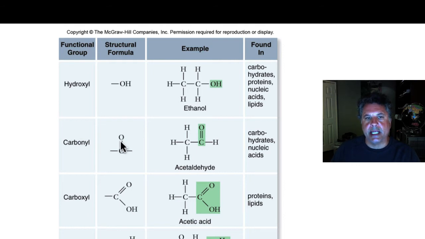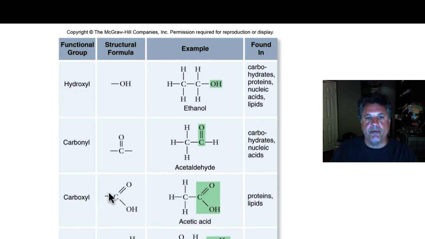Oxygen's octet rule is satisfied because oxygen, as you know, can form 2 bonds. And so this is the carbonyl group, carbon double bonded to oxygen. And here's an example of an organic molecule, acetaldehyde, that has a carbonyl group in it. We find carbonyl groups in carbohydrates and nucleic acids, primarily in carbohydrates and nucleic acids.